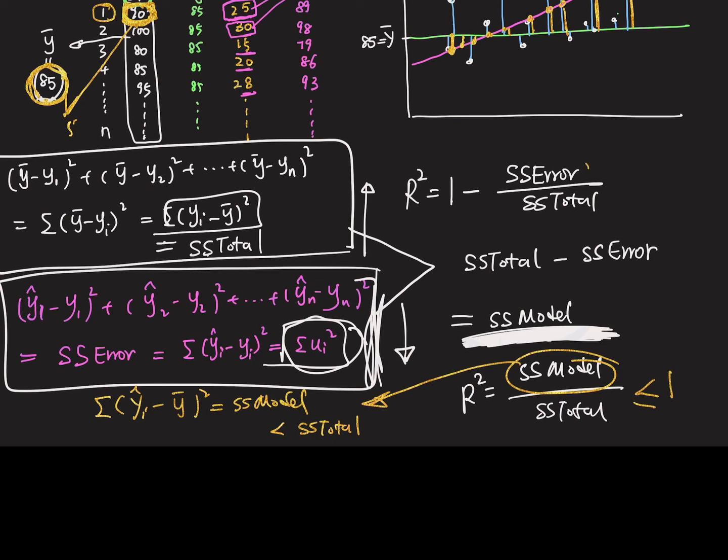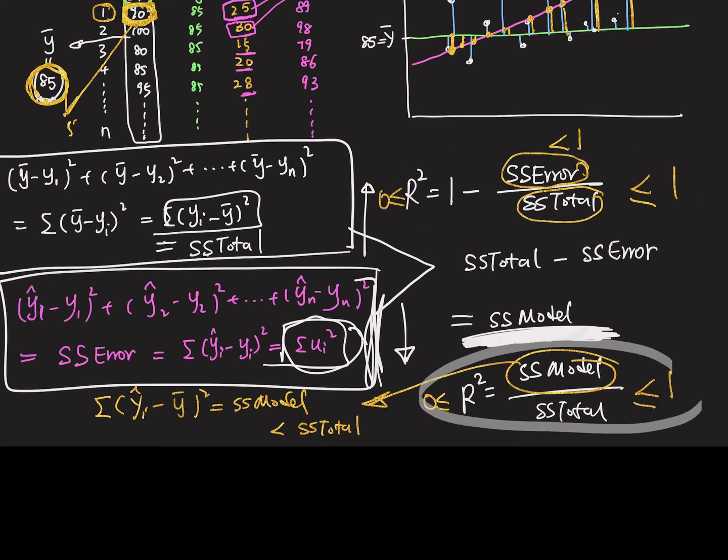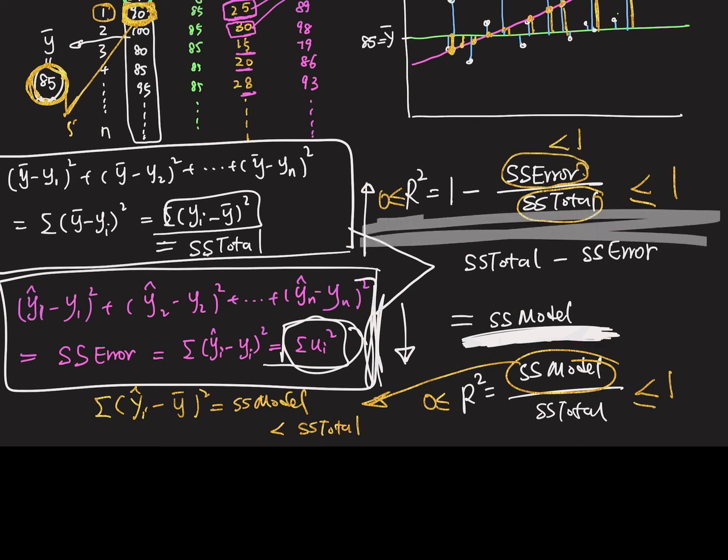Sum square error we just said is definitely less than sum square total, so the whole thing is less than or equal to 1, right? R squared, like this. So in this case, we know that R squared gives us the fractional variation of y explained by x, the fractional variation of y explained by the model, which is between 0 and 1 inclusive.